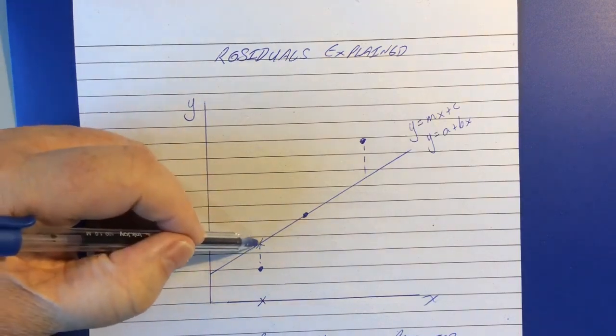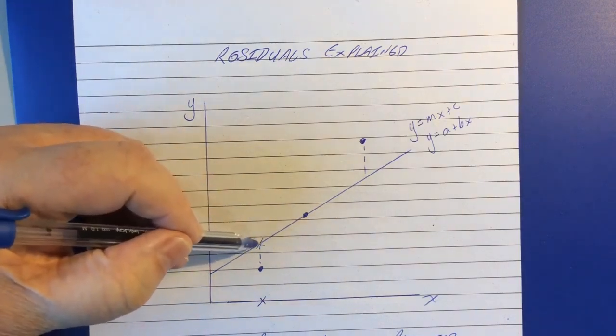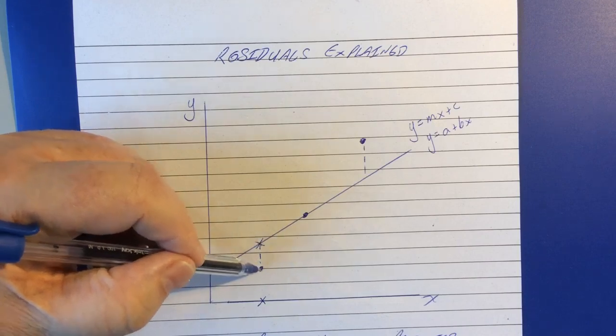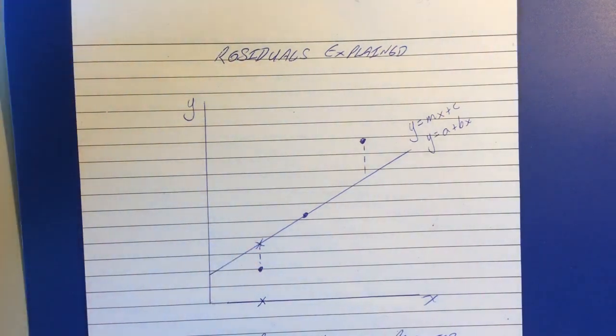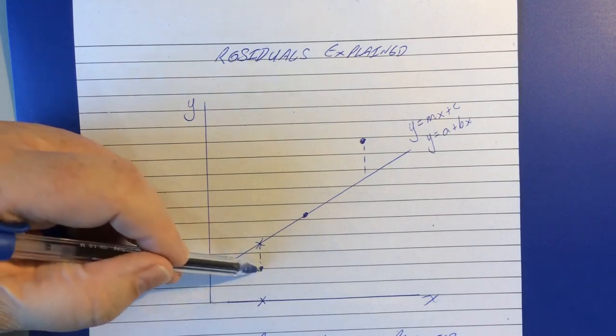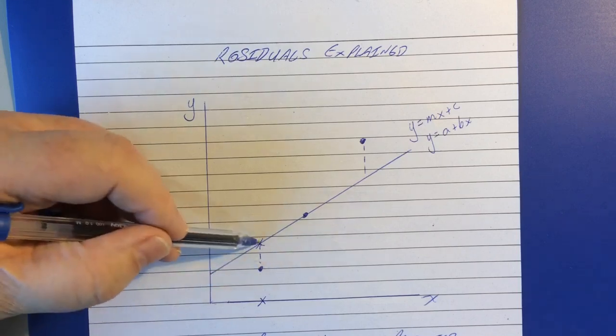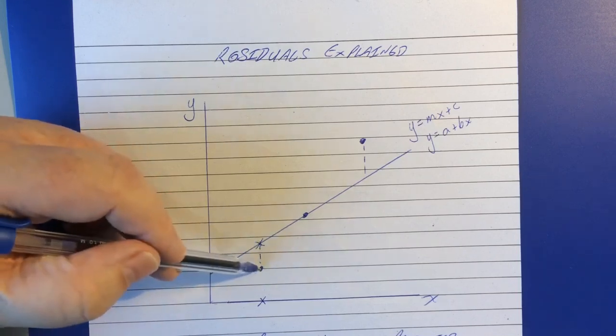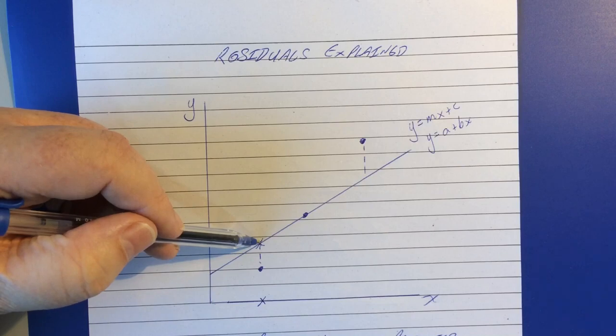And the residual is the difference between this and this. Speaking in strict terms, it's the difference between the actual value, which is the observed piece of data, and this point here. So it is this y value minus that y value.